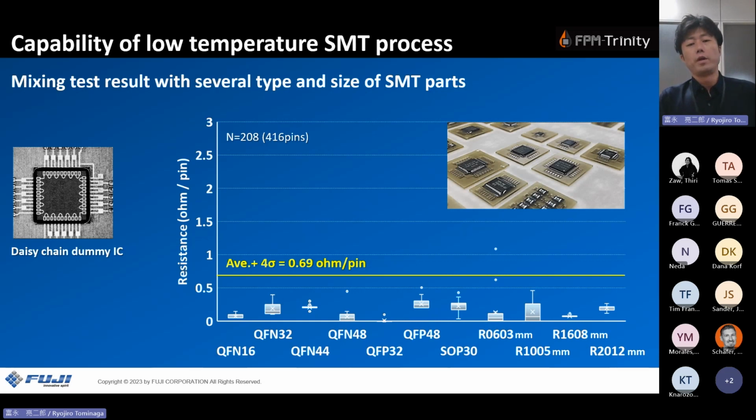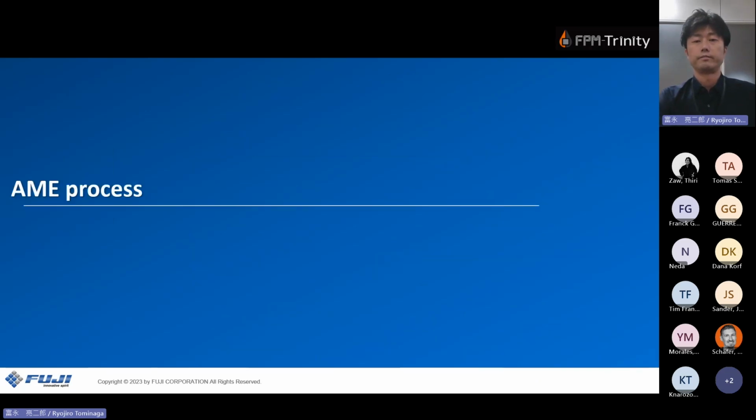Most of the pins show less than 1 ohm electrical resistance, and the average plus 4 sigma is 0.7 ohm for each pin. So those are the very specific and unique low temperature SMT process we established for that synergy, the AME technology.